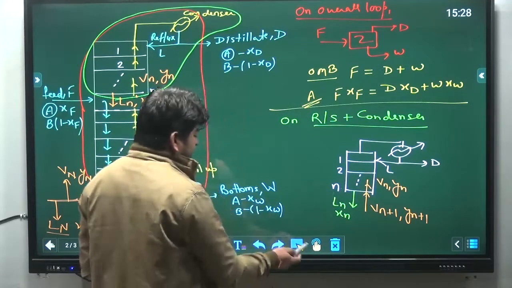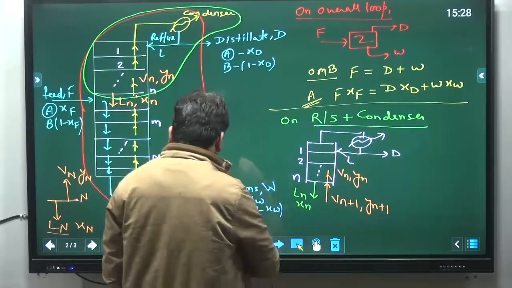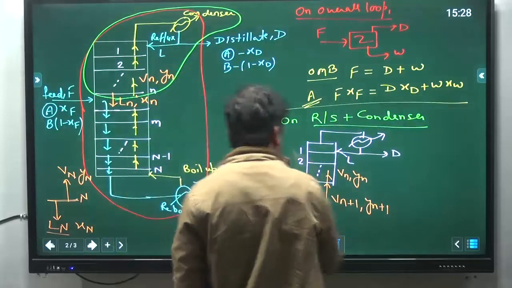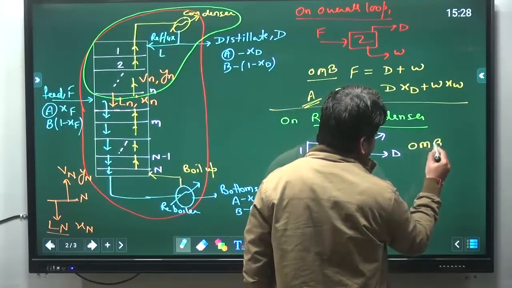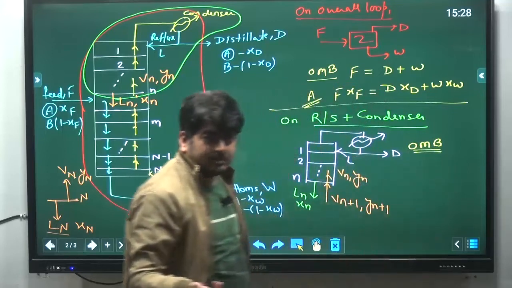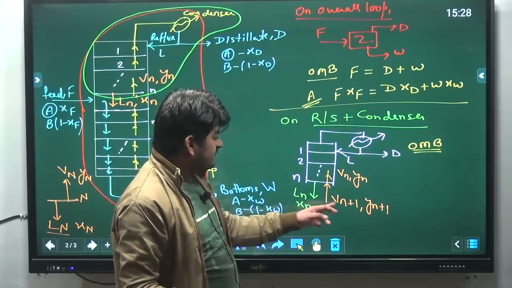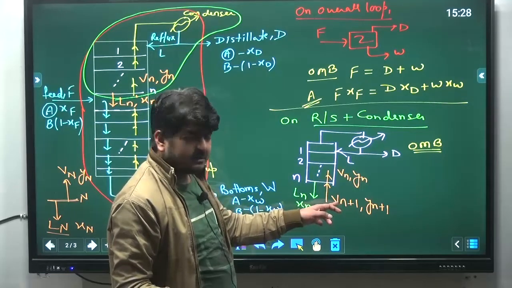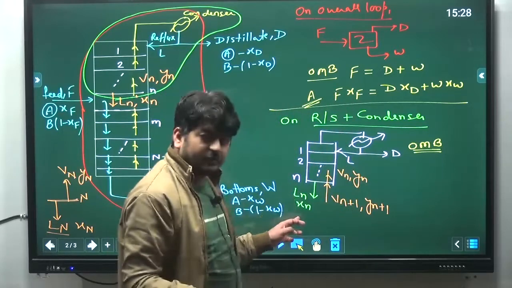So here again you can do the overall mole balance. The overall mole balance will be total moles in equals total moles out. Total moles in because of these vapors, and leaving because of this distillate and liquid.